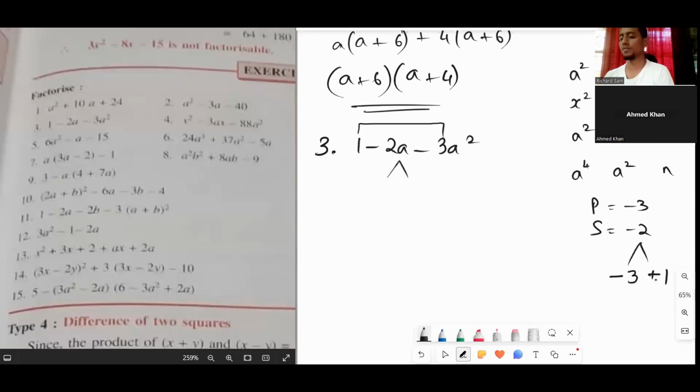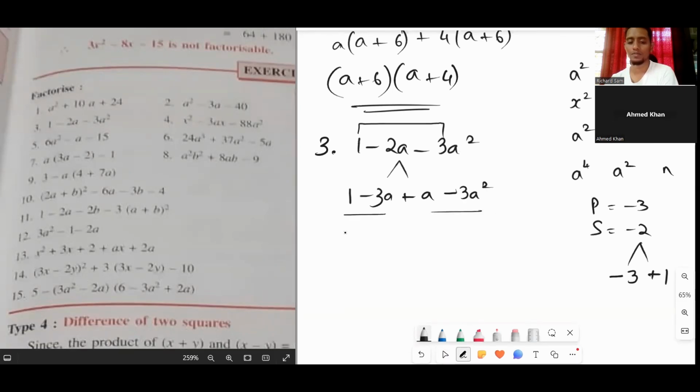Minus 3 plus 1. When you add minus 3 plus 1, you get minus 2. And when we multiply minus 3 into plus 1, we get minus 3. Correct? Minus into plus. Okay, so 1 minus 3a plus a minus 3a square.